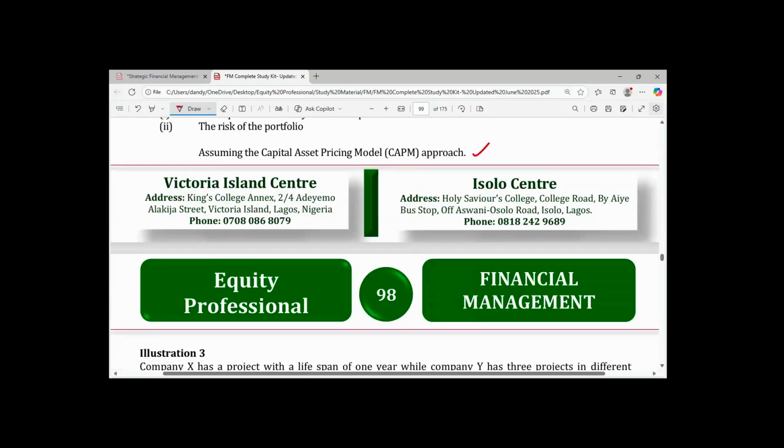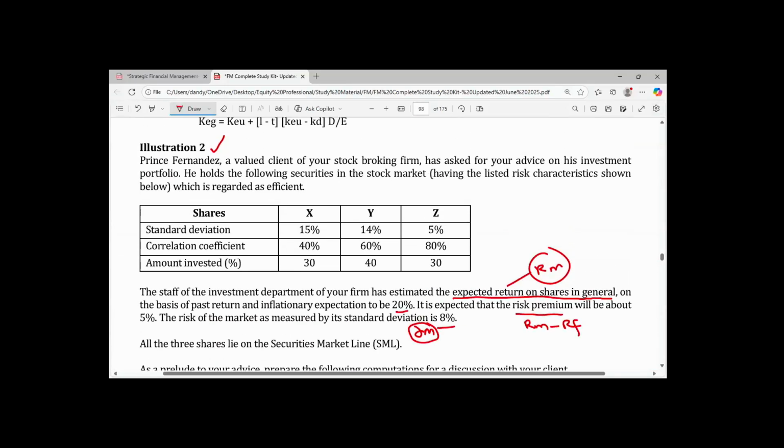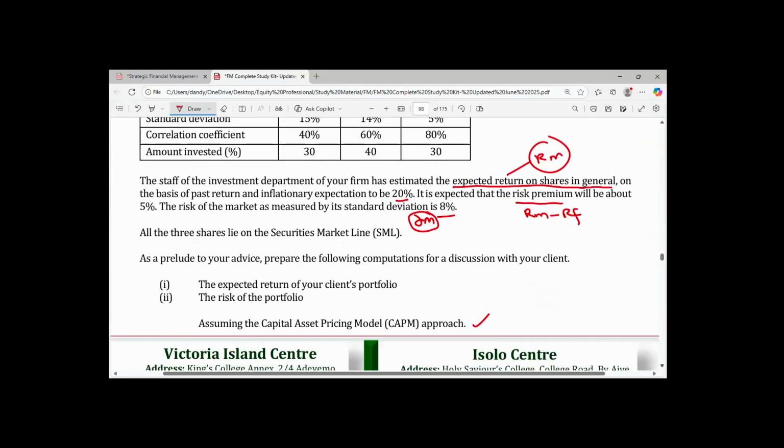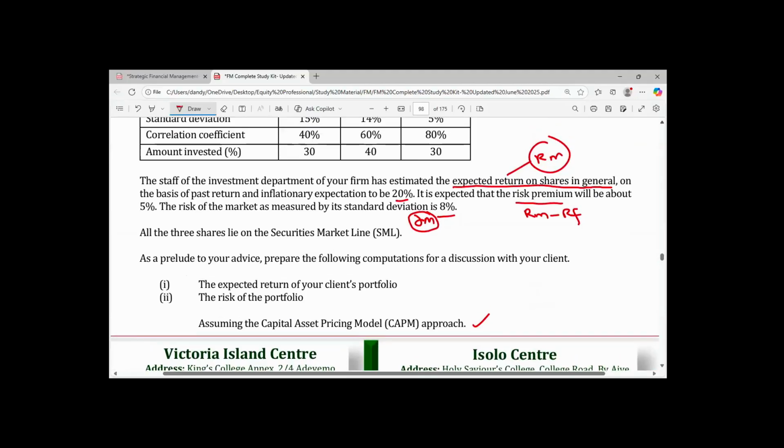The examiner is asking you to calculate the expected return on your client's portfolio and the risk of the portfolio using the capital asset pricing model. So what are you going to do? How do you solve this question?